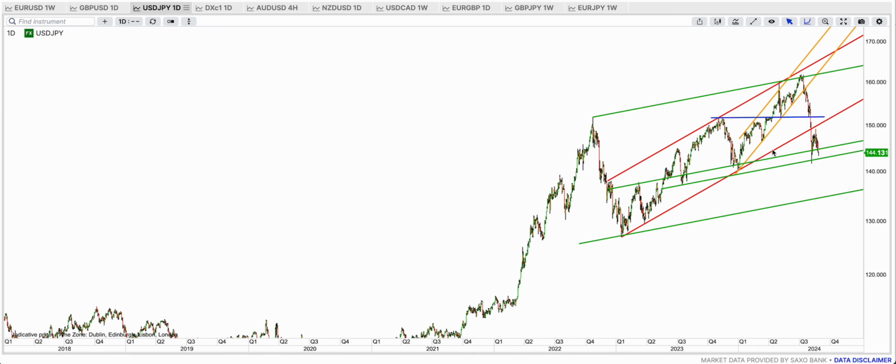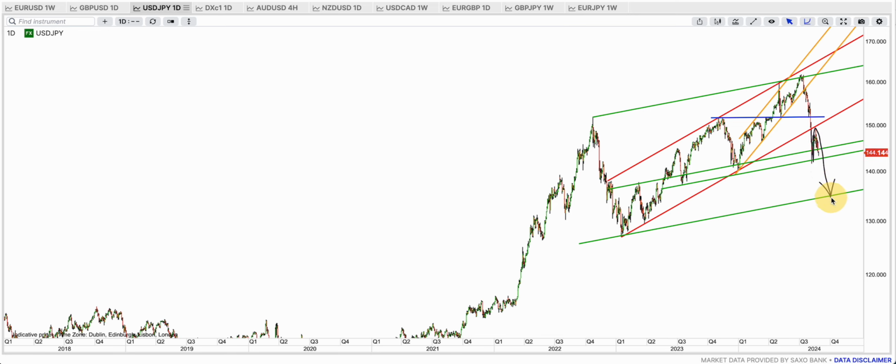US dollar Japanese yen turned very bearish. Obviously, at the green top band, the golden uptrend was broken, and the red giant uptrend was broken. This is the reverse. Just over 160, it reversed, and we came down, broke the blue, broke the red, almost got back tested.